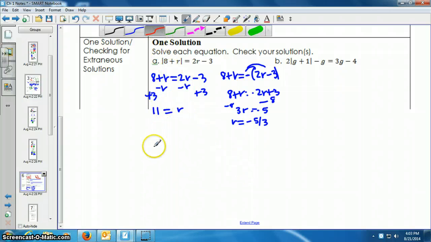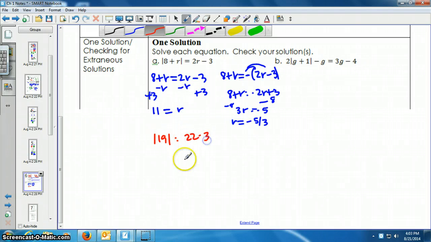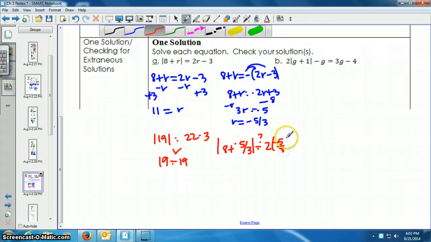When we plug 11 in, we would get the absolute value of 19 equals 22 minus 3. And that works because 19 equals 19. But over here, if we plug in that negative 5/3, we'd get the absolute value of 8 plus negative 5/3. Is that equal to 2 times negative 5/3 minus 3?